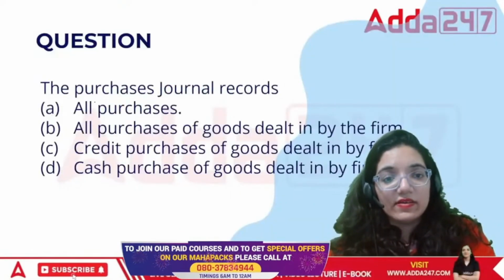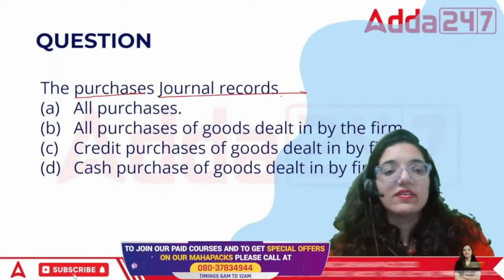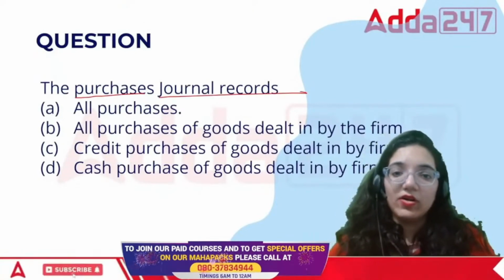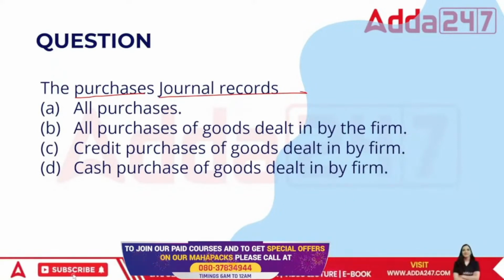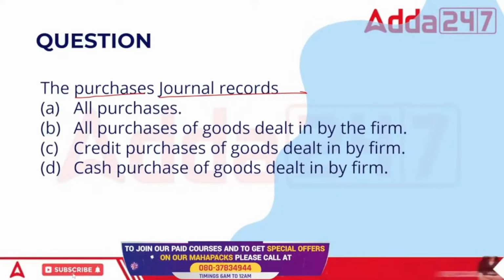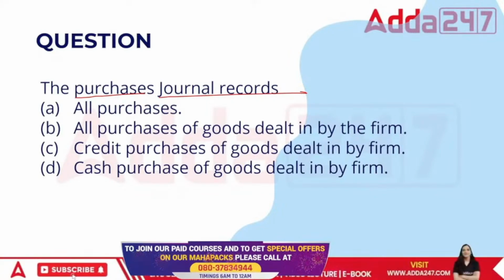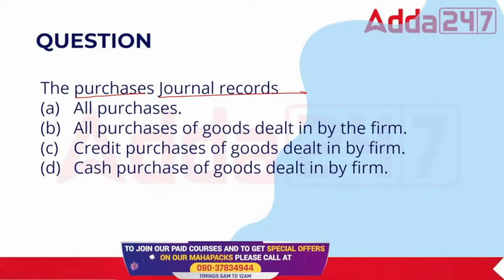Then the purchase journal records what? All the purchases. Purchase journal records purchases, sales, all the credit of the goods dealt by the firm, credit purchases of the goods dealt in by the firm, or cash purchases of the goods dealt by the firm.